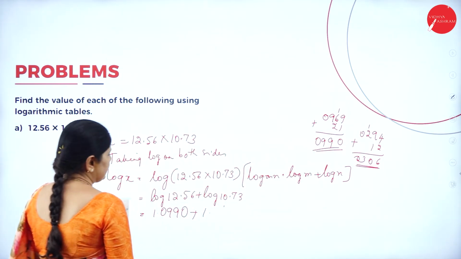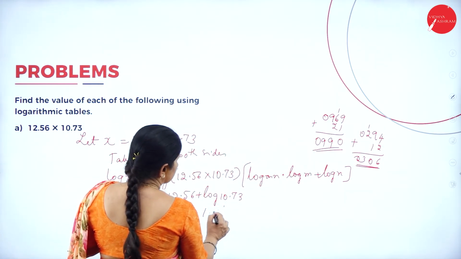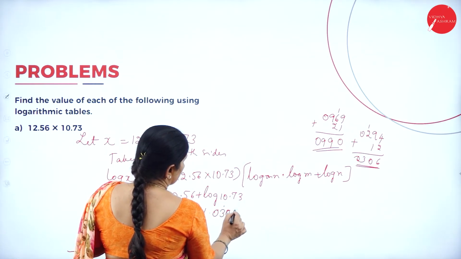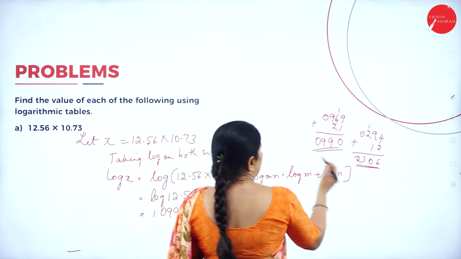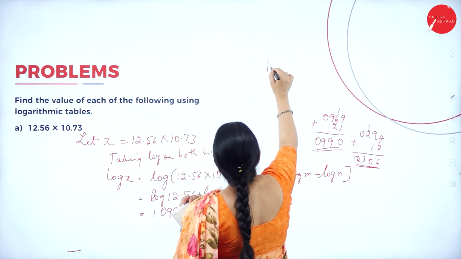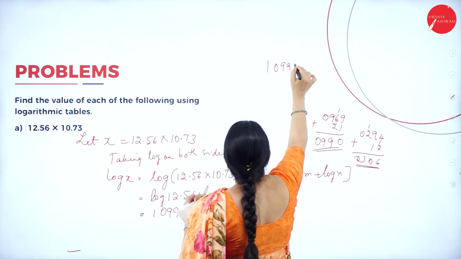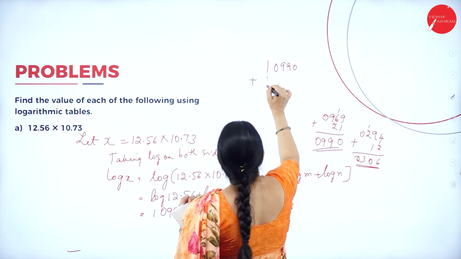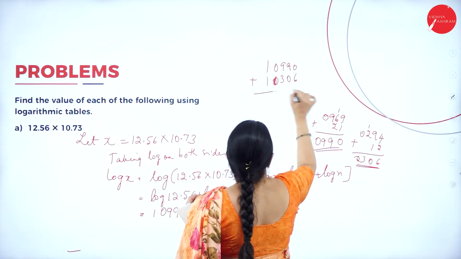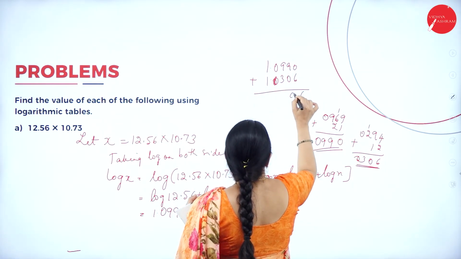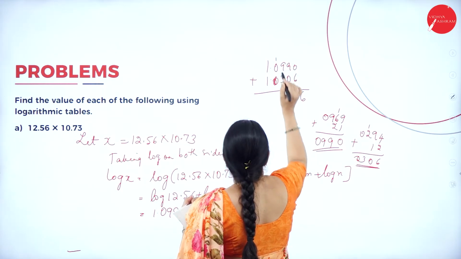Now I write it here: 1.0306. Now add both the values. So I will add it here: 1.0990 plus 1.0306. Add both: 10, 11, 12, borrow 1.